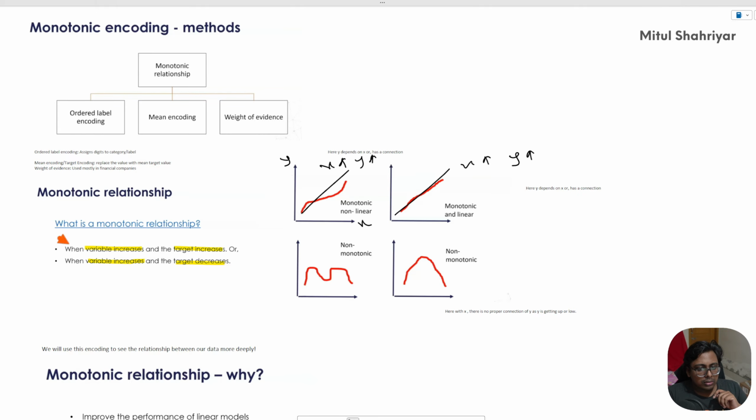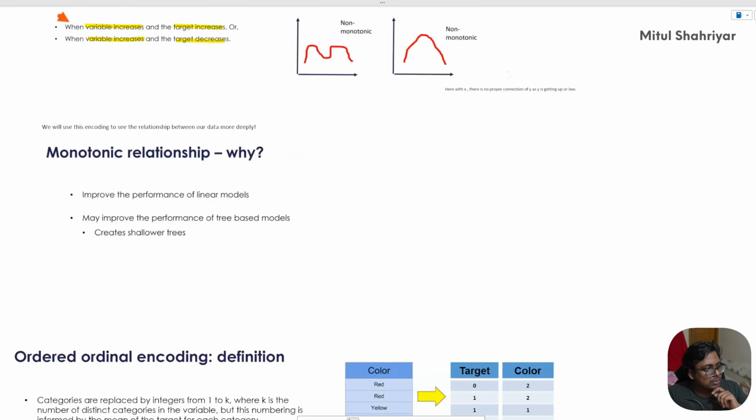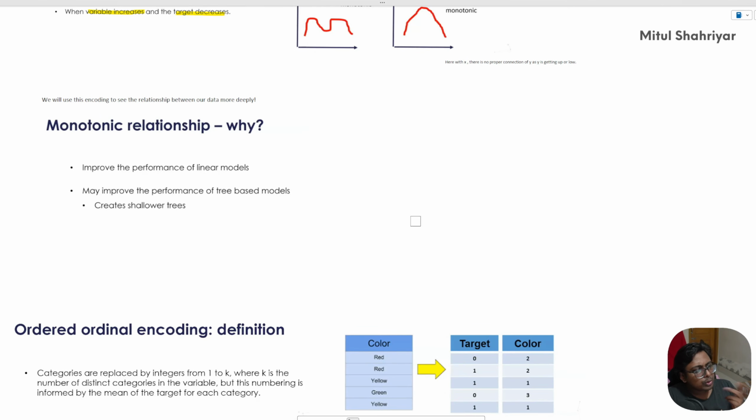This is what a monotonic relationship is and why it's important. It improves the performance of linear models. Because what we are basically trying to do is feature engineering, right? We haven't yet started with the machine learning models. Our main task is to make it easy for the models to learn. If we can take some measurements and then pass them to the models so they can easily learn, that is our goal.